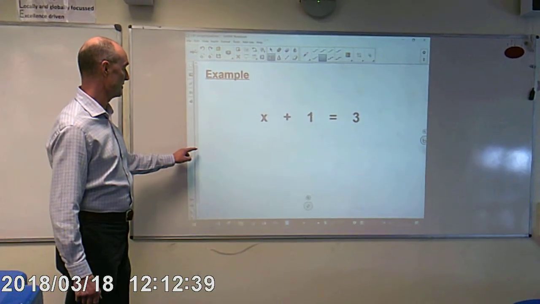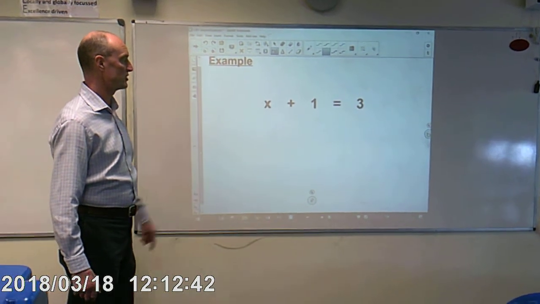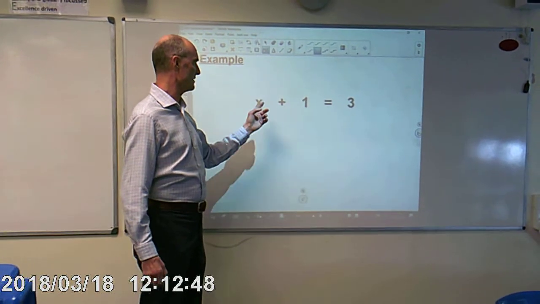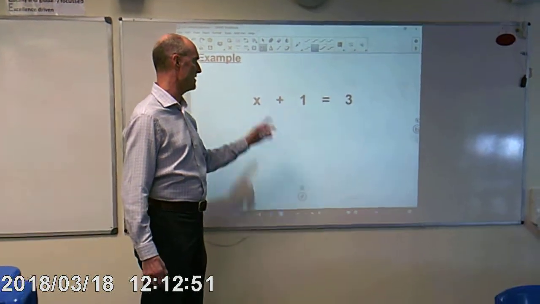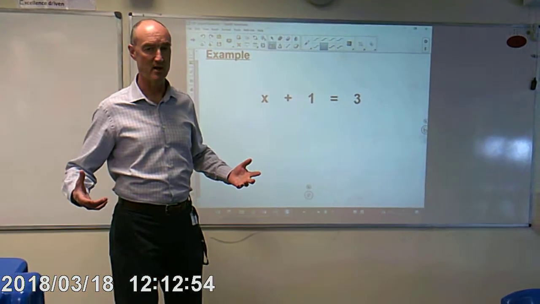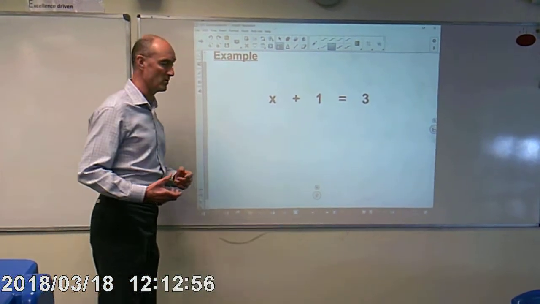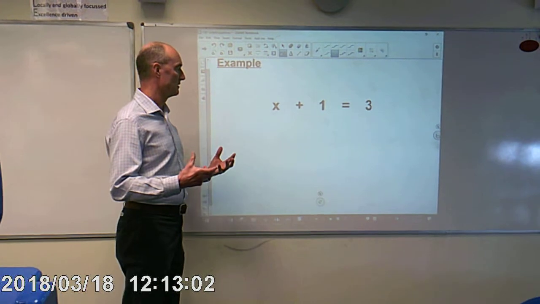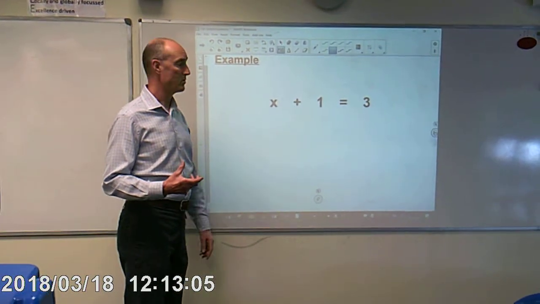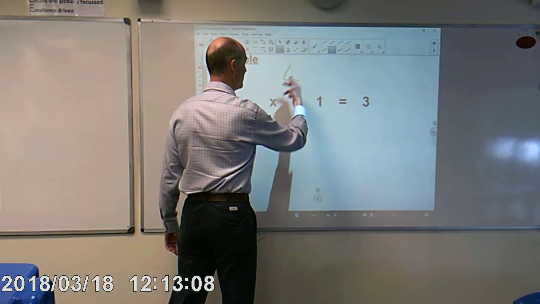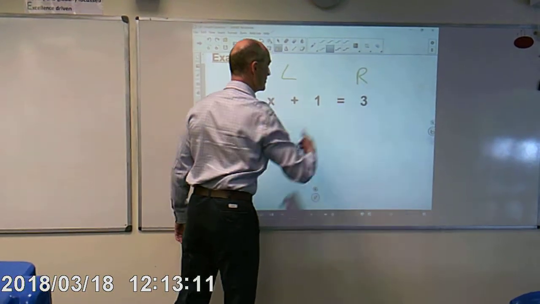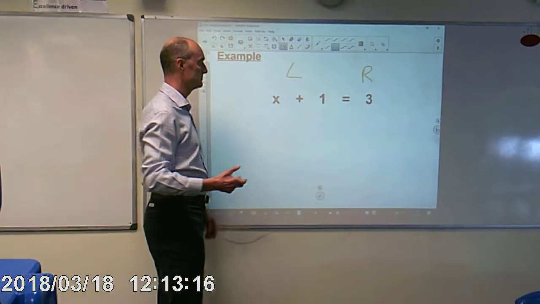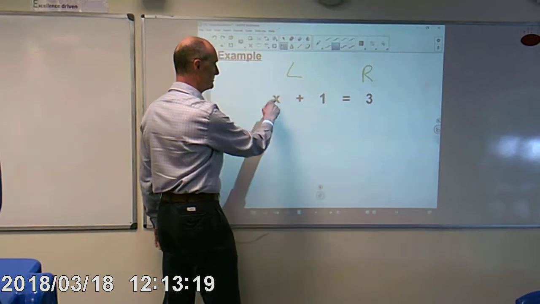Simple, very, very simple example of how we should solve an equation. Now you can probably look at those numbers here, we want to get rid of this 1 to get that x on its own.